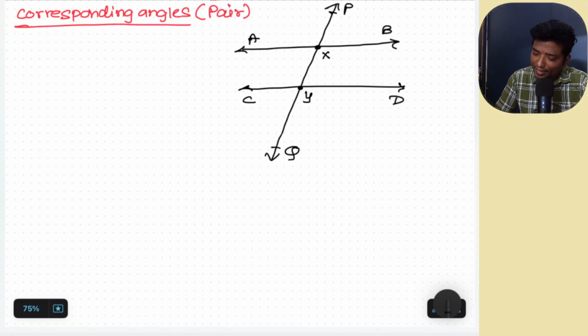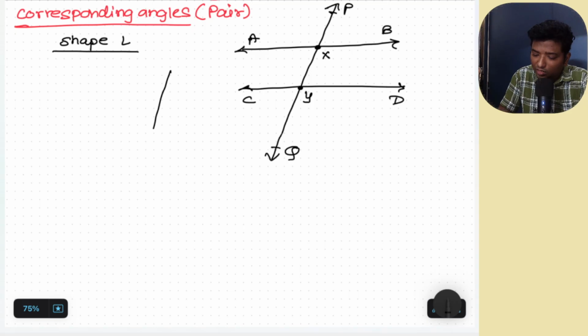Now let's talk about corresponding angles. For that, you have to remember the shape L. How many L's are there? Let me show you. This is the first L, a normal L that we observe.